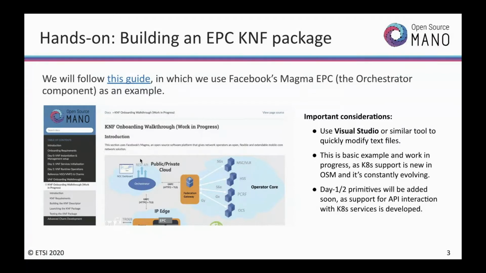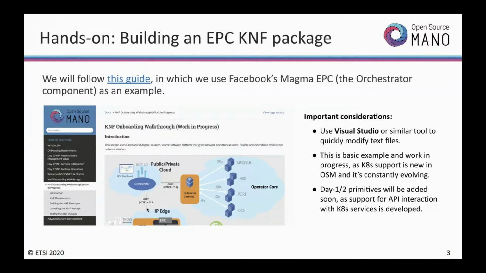Magma is a mobile packet core which is addressing the 4G and also Wi-Fi access, and is also heading to 5G.